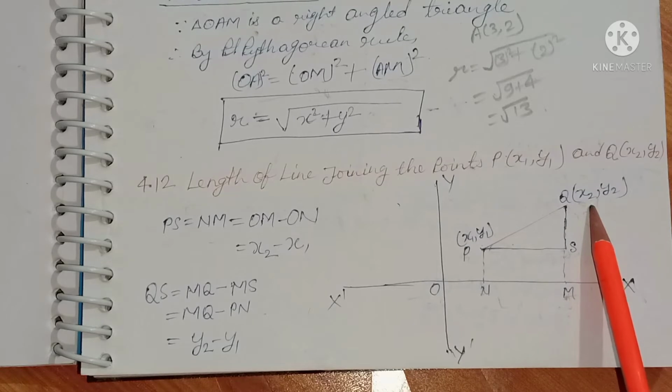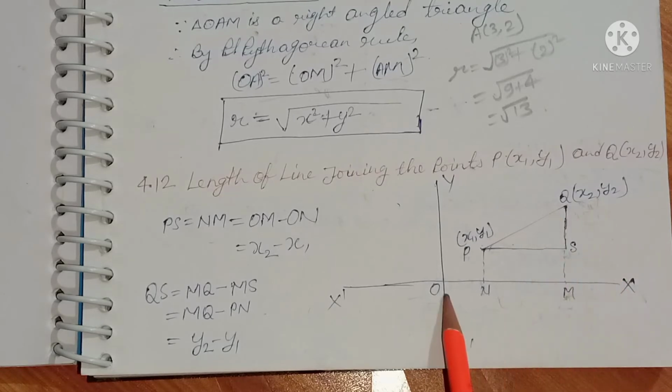In case of Q, x2 is the horizontal distance OM, so that's why x2 is written here, minus ON. ON is the horizontal distance for P, which is x1, so we can write x2 minus x1.